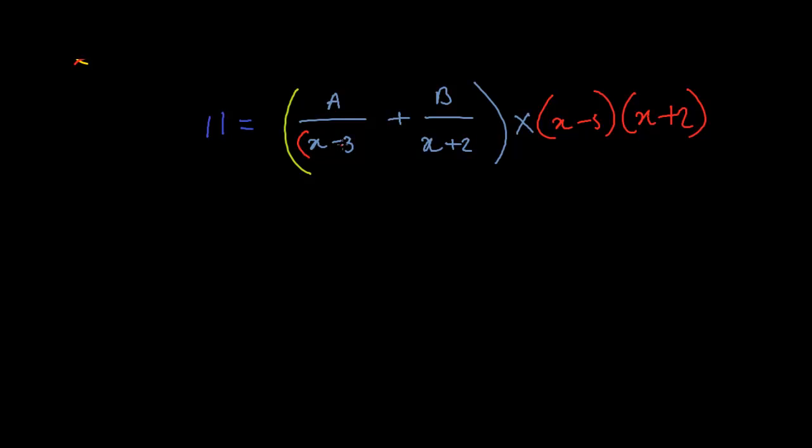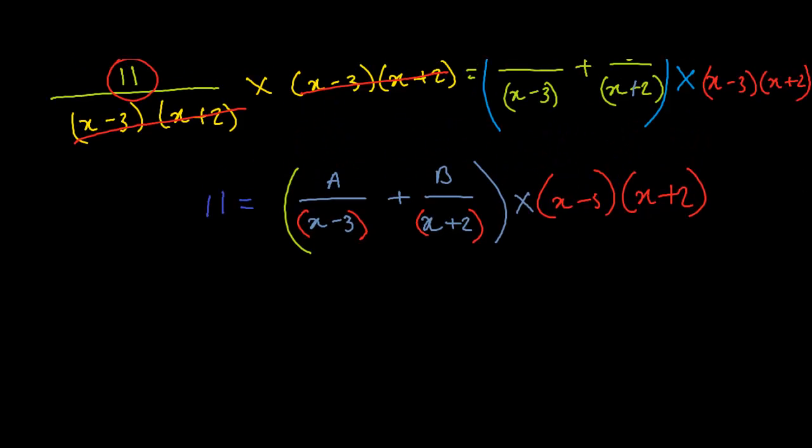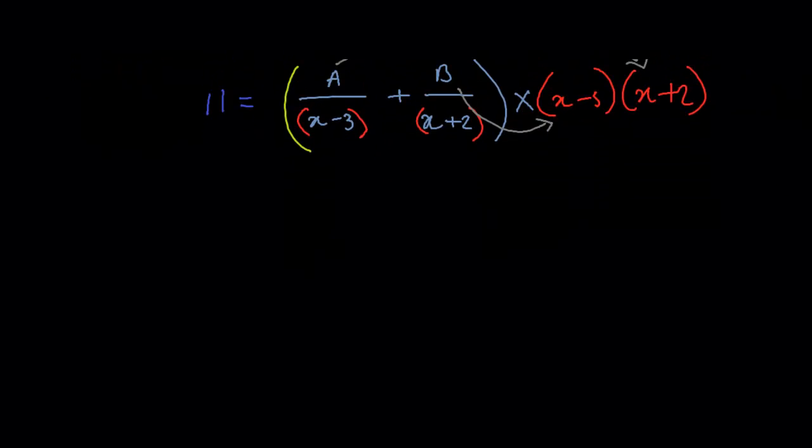Now, as you can see, these are going to cancel out, such as x minus 3 will cancel out with x minus 3, so a will be multiplied by x plus 2. So this will go with this, and this will go with this, because the denominators cancel with what is being multiplied.